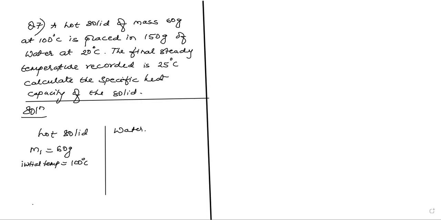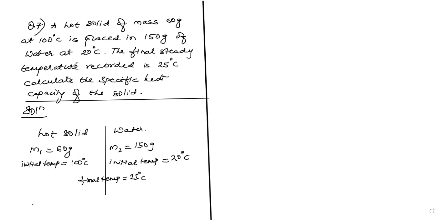It is placed in 150 gram of water. What is the mass of water, children? 150 gram. And the initial temperature of water is 20 degrees Celsius. The final temperature of the mixture is 25 degrees Celsius.